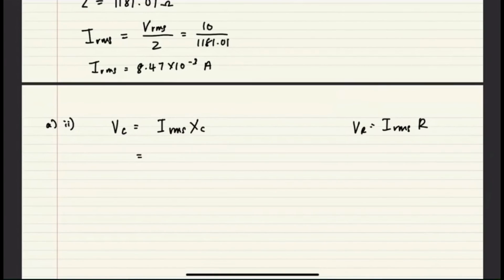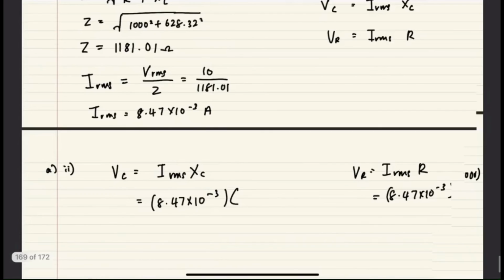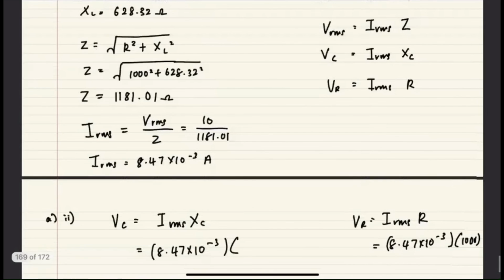Okay, so I dia sentiasa sama ya. 8.47 times 10 negative 3. R dia tadi 1000. Kalau yang XL dia adalah 628.32.